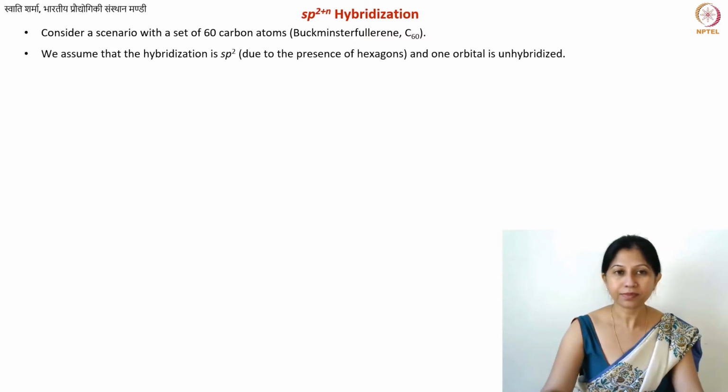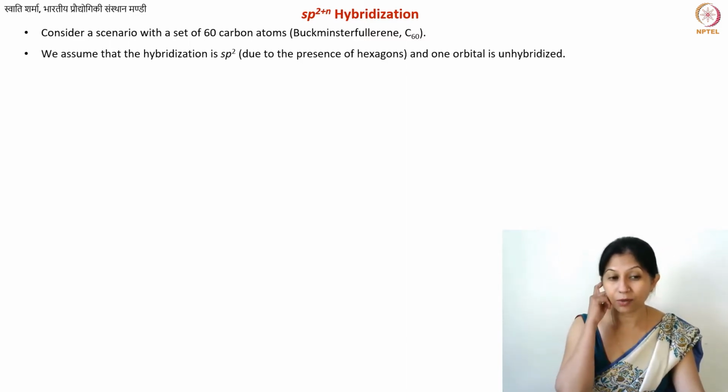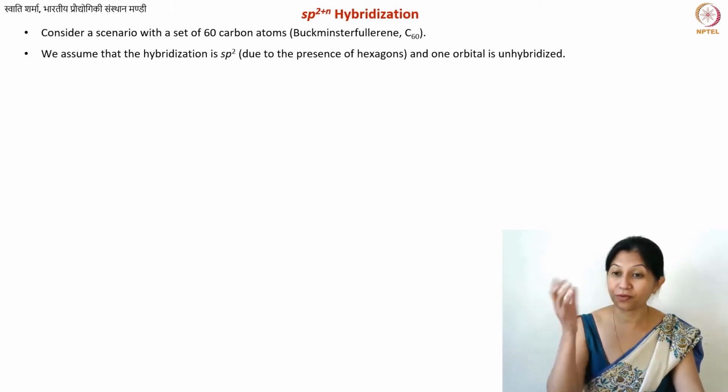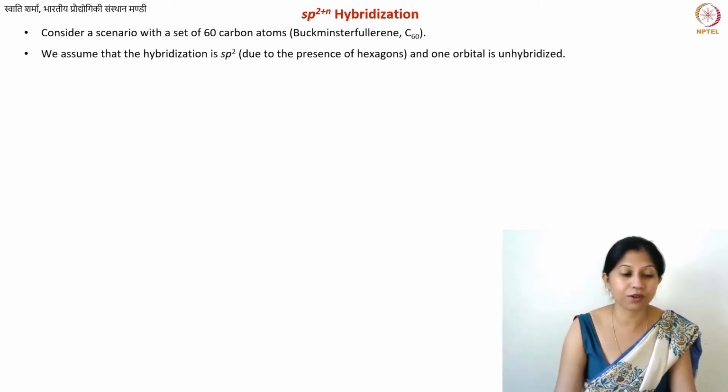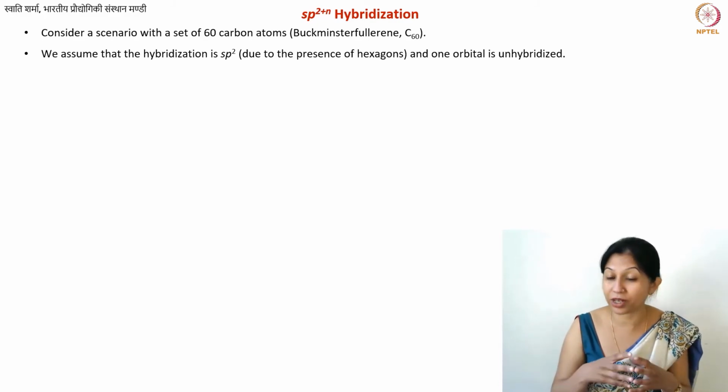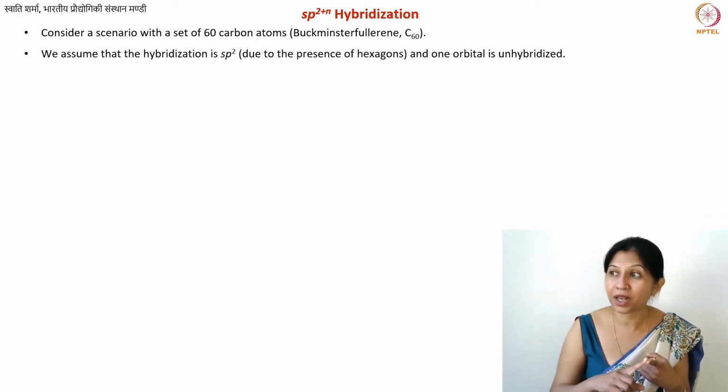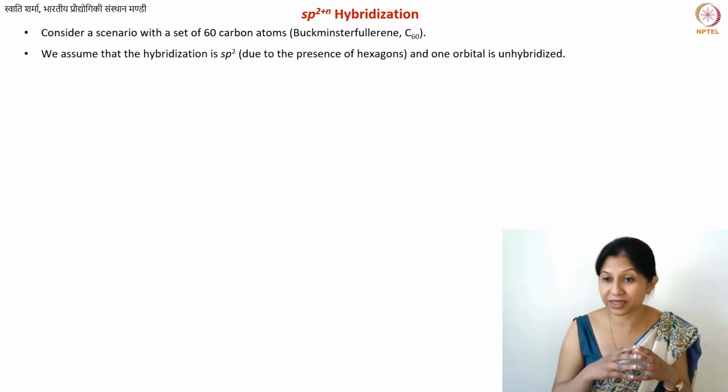Now, to start with, because we need to understand what kind of structure we have, if we want to back calculate the hybridization, we first need to assume something about our molecule. So we assume that it has sp2 type hybridization rather than sp3, because, number one, there is a free electron available, and also because there is a significant number of hexagons present.